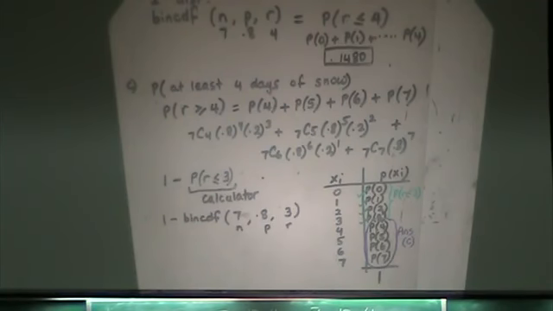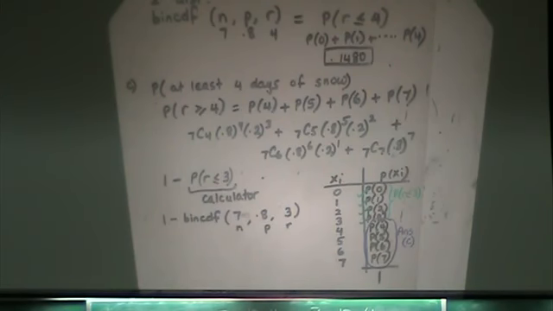Each trial has exactly 2 mutually exclusive outcomes, success or failure. Success probability is p. The outcome of each trial is independent from the others. And the possible values of the binomial random variable are 0 through n.